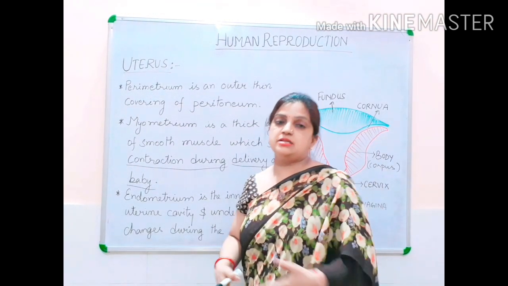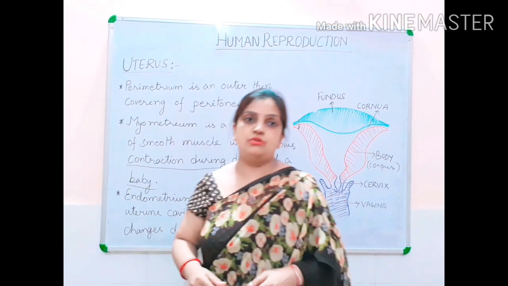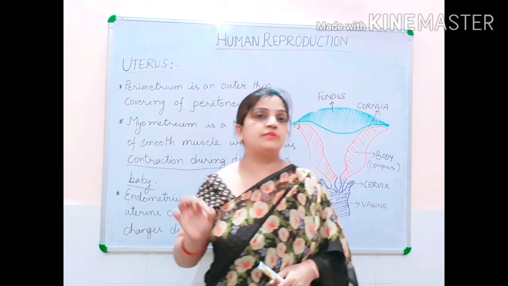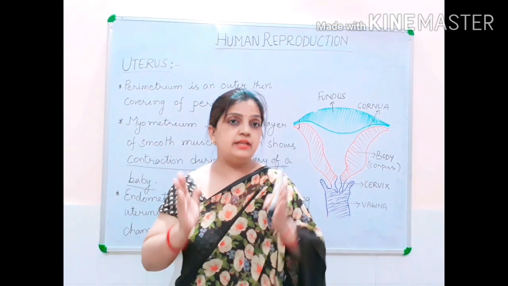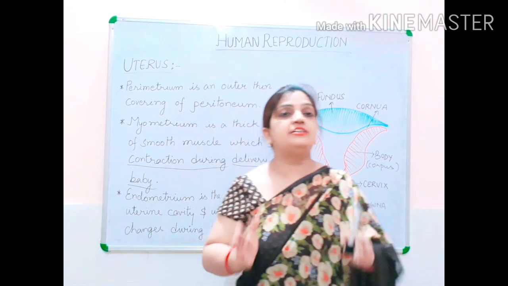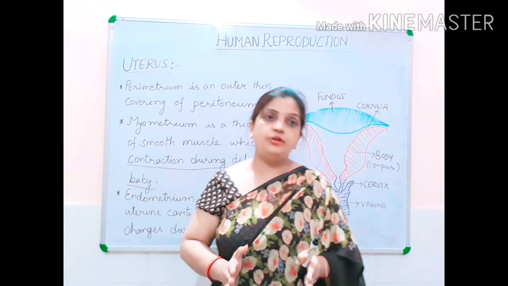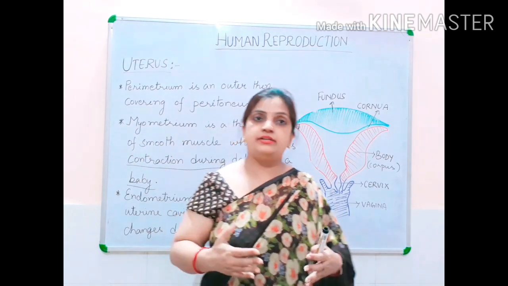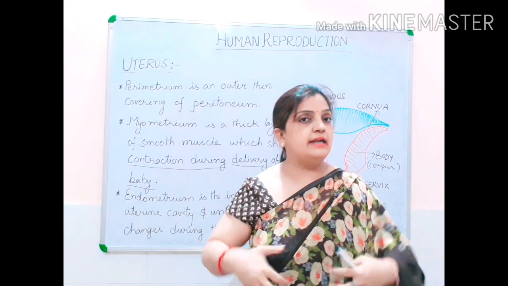Now in females a special process goes on which is called the menstruation cycle, and during this menstruation cycle the innermost layer of the endometrium is ruptured and gets shed off from the body of the uterus. This happens because of different cyclic changes inside the body.